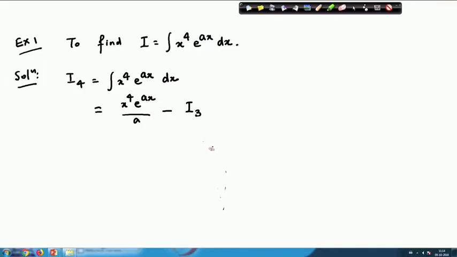So this is basically I3. Next we have to calculate I3. I can name this equation as equation 1.